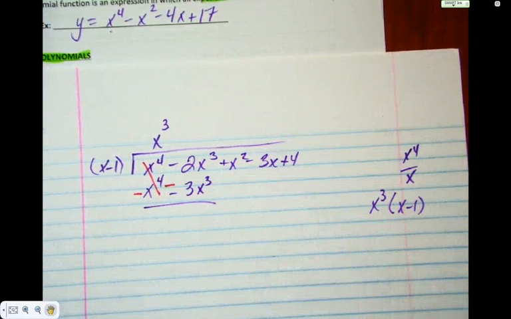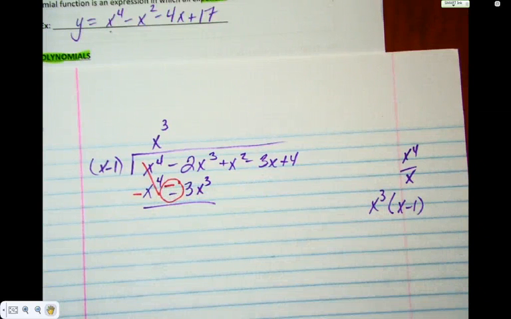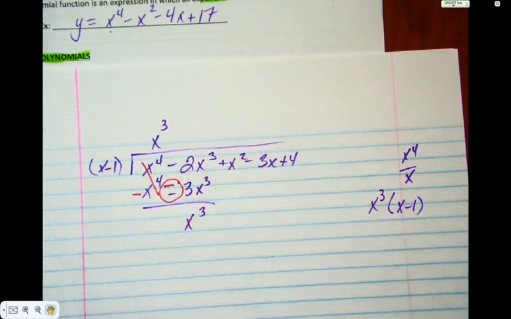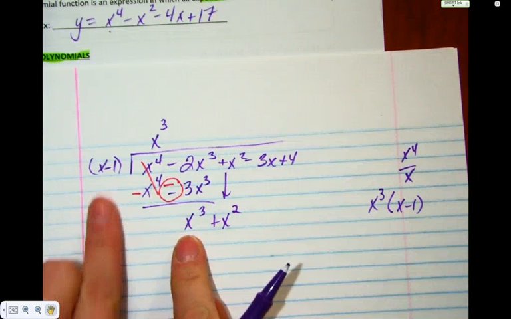And now I've got to do negative 2x cubed minus negative 3x cubed. So because I'm subtracting, what's going to happen here? It's going to turn to an add. So negative 2x cubed plus 3x cubed is x cubed. Then I'm going to bring down the next number and repeat the exact same steps. I'm going to divide just the first term.